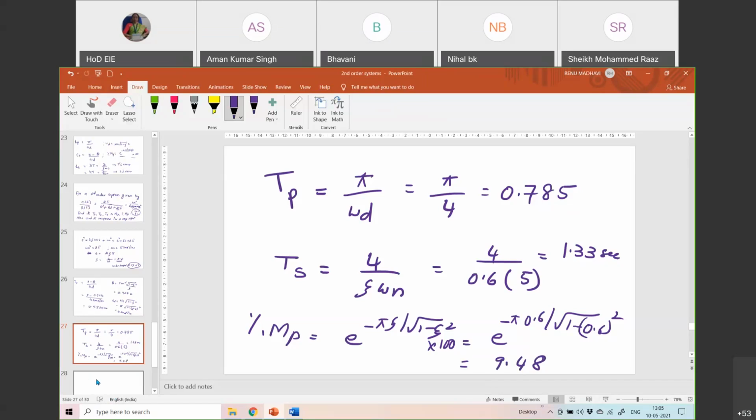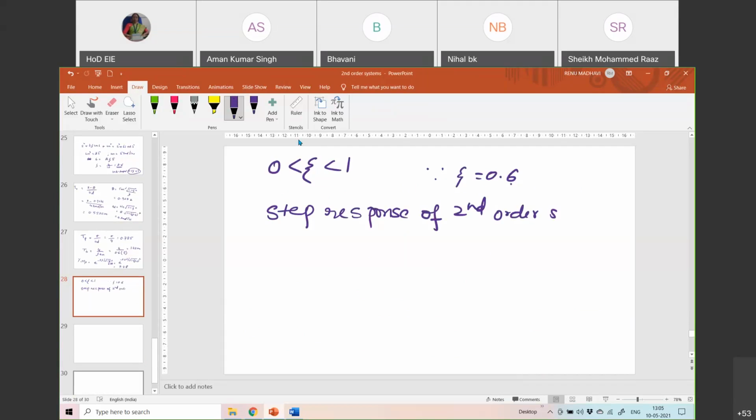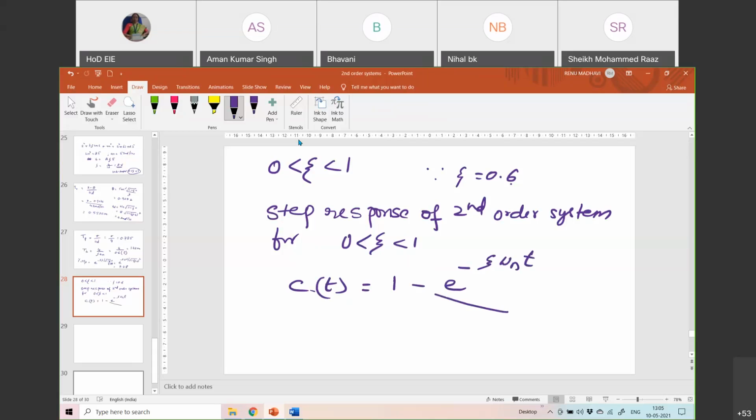Yes, ma'am. Yes, yes. Now, finally, because zeta for the given system is between 0 and 1, because zeta is 0.6, the step response we have noted down, and we are supposed to know the response of a second order system for zeta known to us, which is given as C of t is 1 minus e to the power of minus zeta omega n t by square root of 1 minus zeta square into sine of omega d t plus theta.